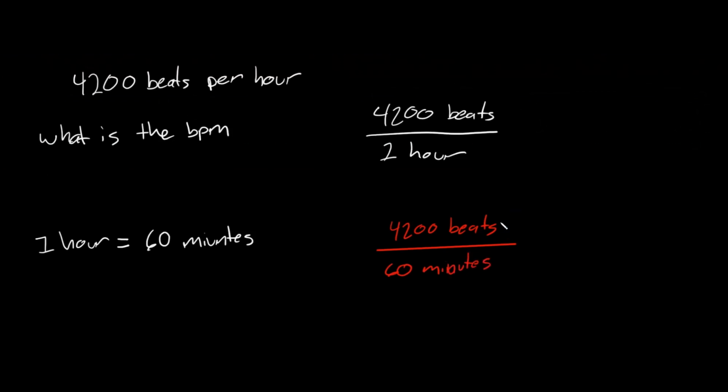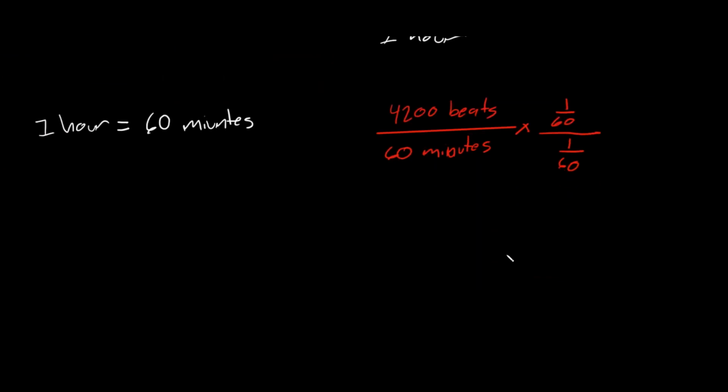And in order to get the BPM, or beats per 1 minute, we're going to divide both of these by 60, or multiply by 1 over 60 in both the denominator and numerator. So 60 divided by 60 is going to be 1. So we have 1 minute.